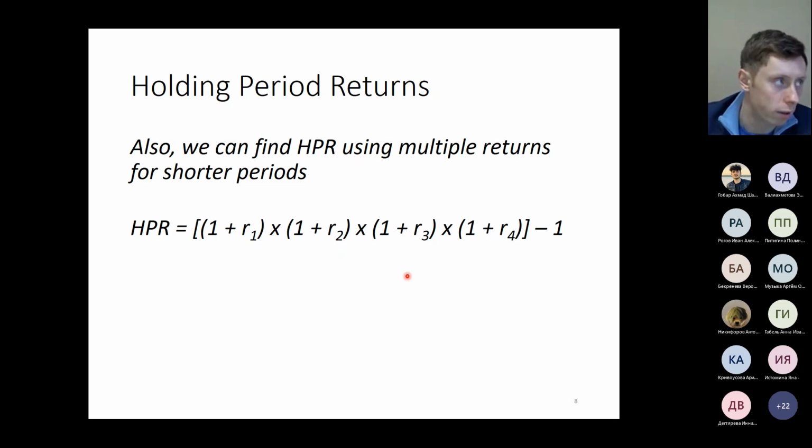And by the way, here is a hint for the homework. When we convert annual return to daily returns and vice versa, we talk about not 365 days, but something like 250.